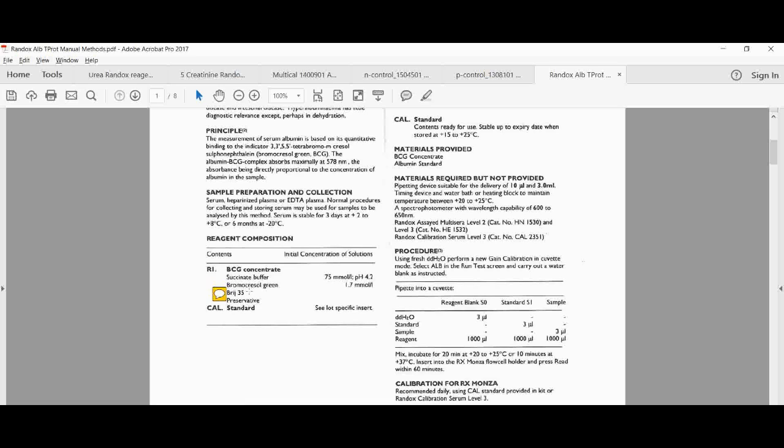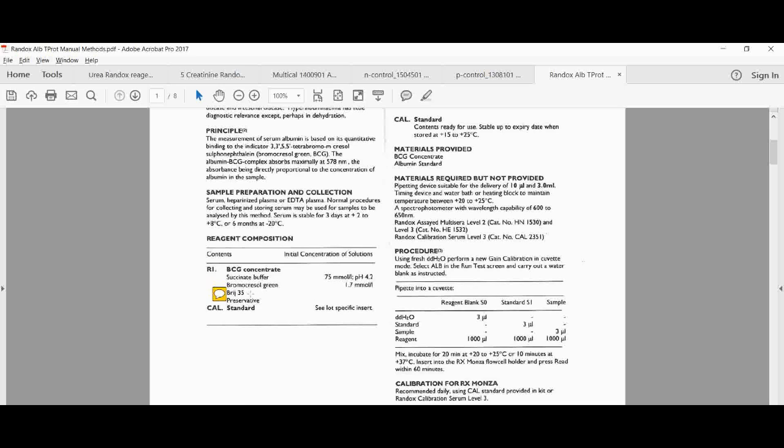And this reduces the absorbance of the blank. So it actually helps with preventing the blank from causing turbidity in your sample. Then it also has some preservative, and manufacturers, in order to prevent others from copying their reagent, in this case they don't say what the preservative is and what the concentration of the preservative is.